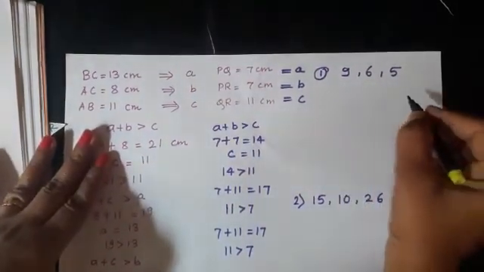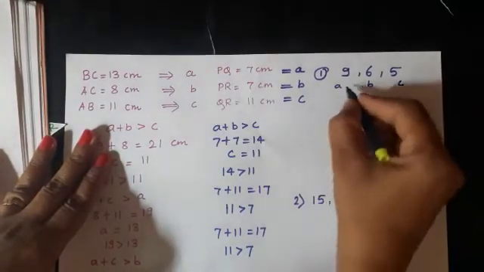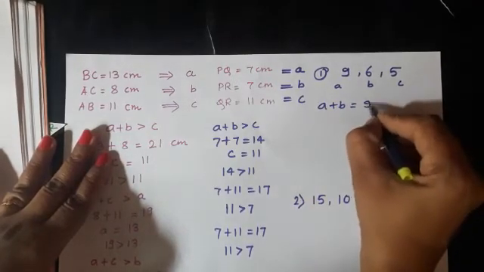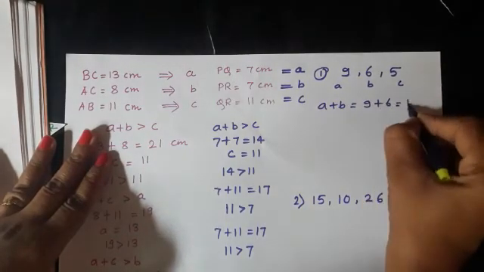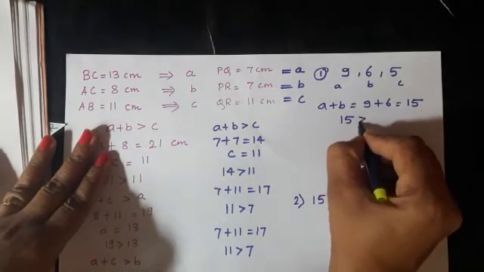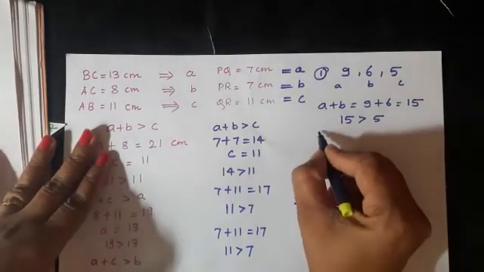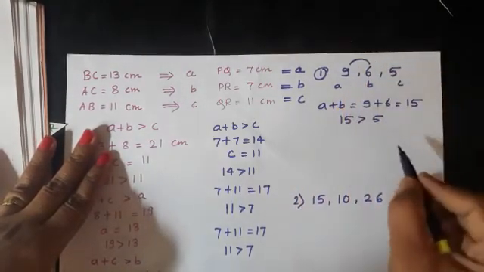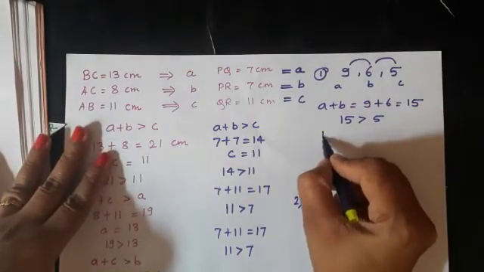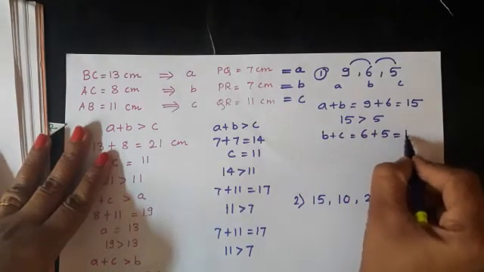First I'll take this as A, B, C. So A plus B I'll add first, that is 9 plus 6, that is 15. So 15, the sum, is greater than the third side, that is 5. Now we'll add these two: B plus C is equal to 6 plus 5, that is 11.